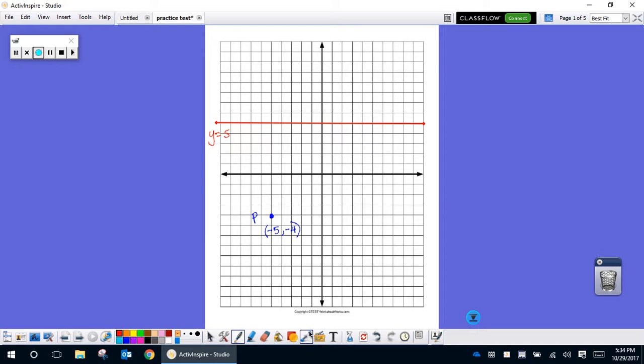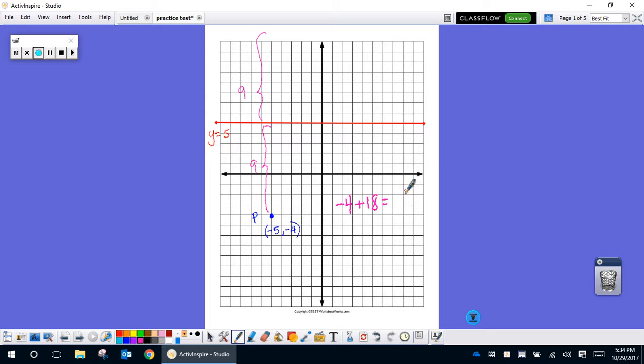Okay, it's horizontal. I would also label the line y equals 5. And then you can either count the blocks from the reflection line down to your point, that distance is 9, which means you need to go 9 blocks above the line. Or you start at -4, you're going up, so you're adding a total of 9 to get to the line, and then 9 to actually reflect it, so you're really adding 18.